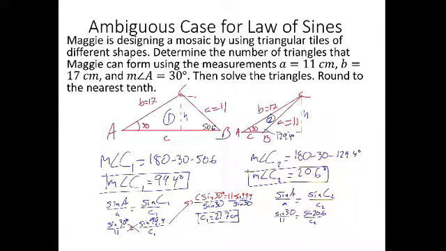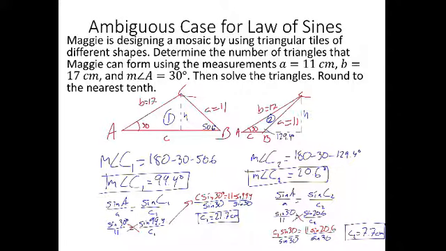Same deal as the other side, cross multiply. So we've got C2 sine of 30 equals 11 sine of 20.6. Divide both sides by the sine of 30. And we end up with C2 equals 7.7 centimeters.